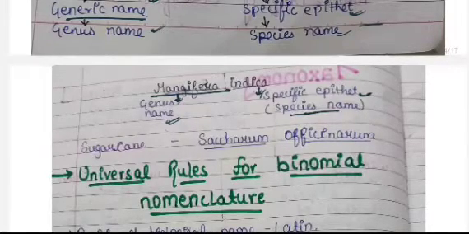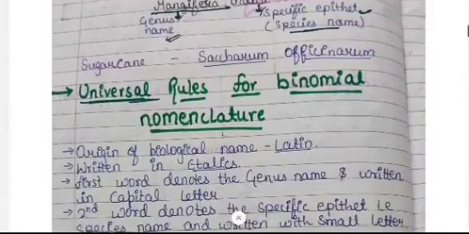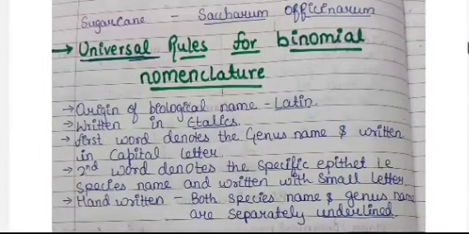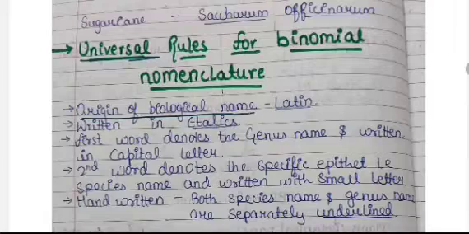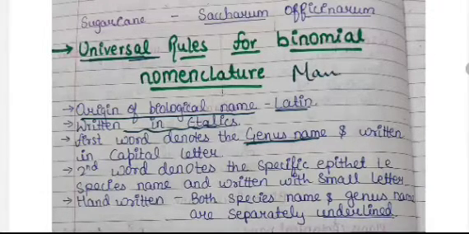There are a few universal rules to write the names of the identified species, so we are going to discuss them. The origin of the biological name is Latin. It should be written in italics, and the first word represents the genus name, as in Mangifera indica.